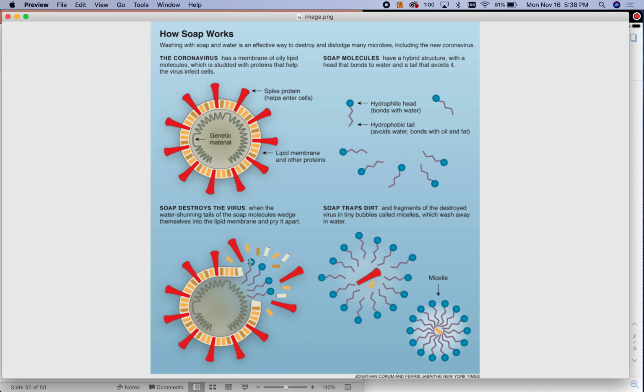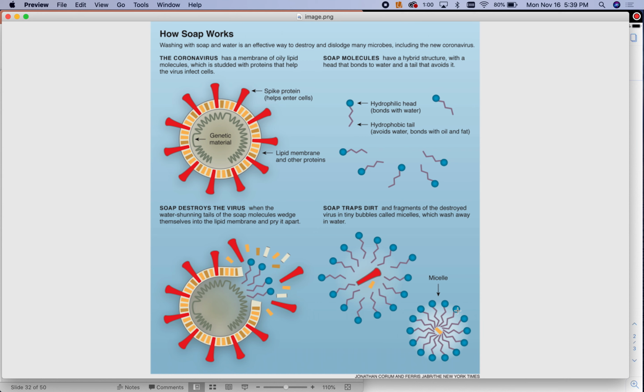And as it's driving this toward water, it's ripping it apart because these are already wrapping around this cell membrane. And so it pries apart this coronavirus, and you basically get these different fragments that are surrounded by what we call micelles, or just the wrapping around of these soap particles around each of these fragments. So that's a micelle.